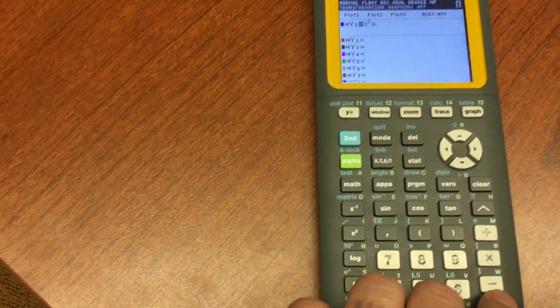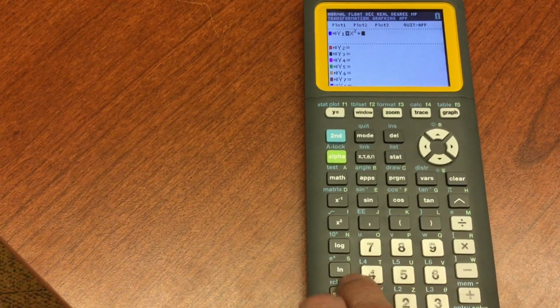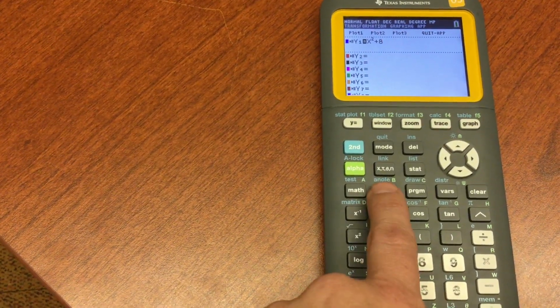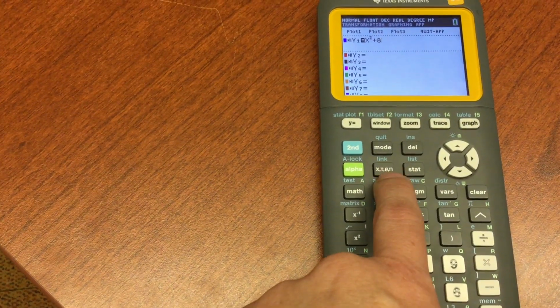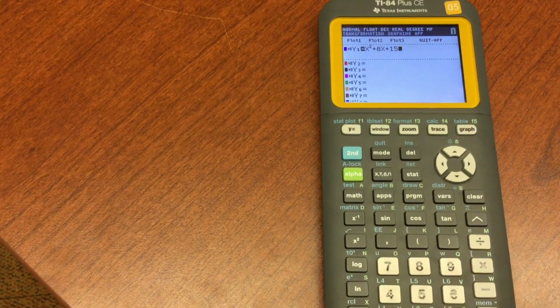Then we had plus 8x, so 8. The x again is up here. All these little funny letters, x, t, theta, n. And then plus 15.